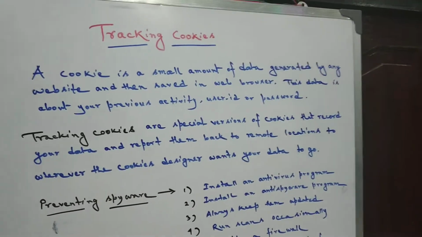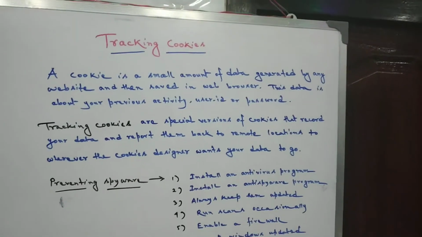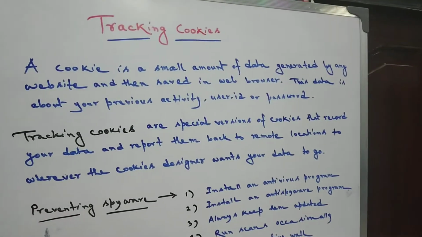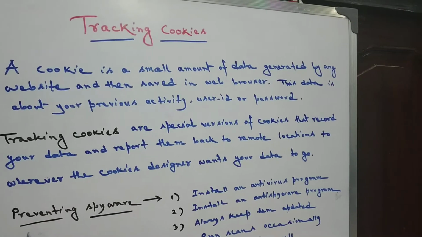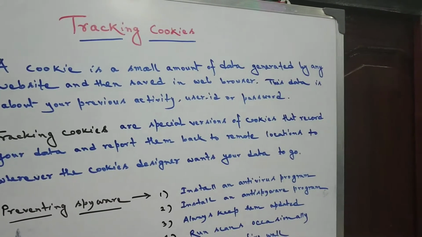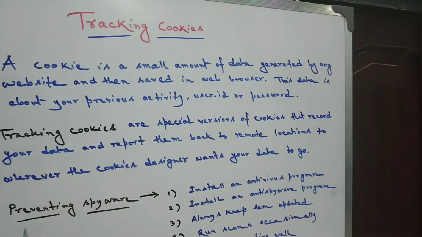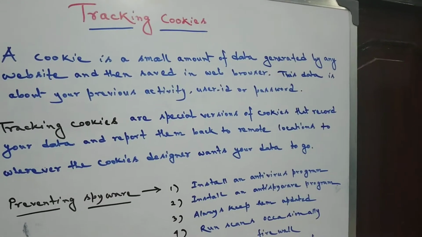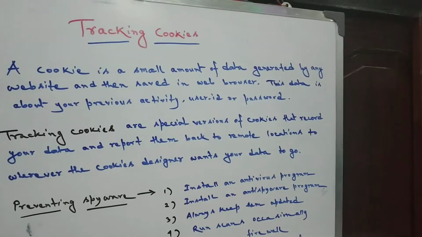That means a cookie is an amount of data that stores information like your user ID, password, or any kind of activity, what kind of search you are doing, or your searching history.